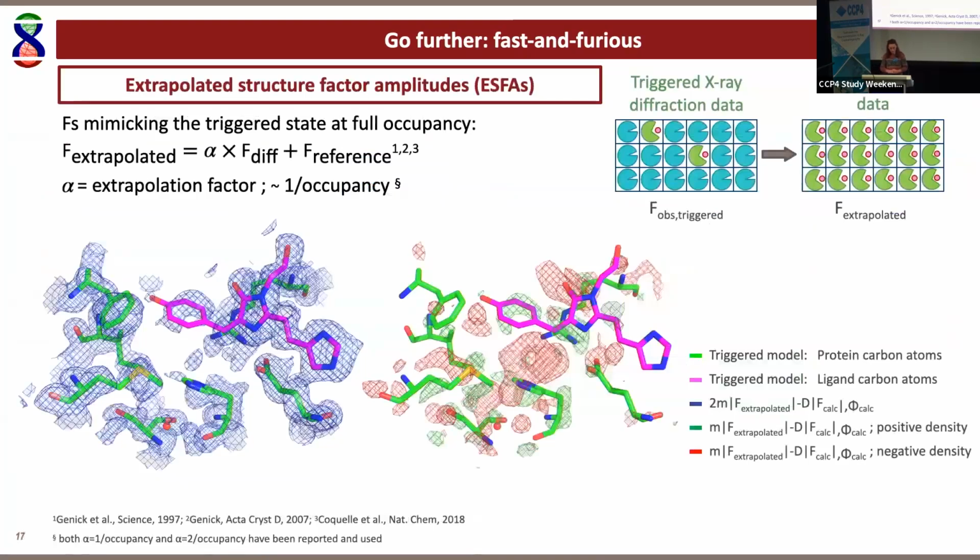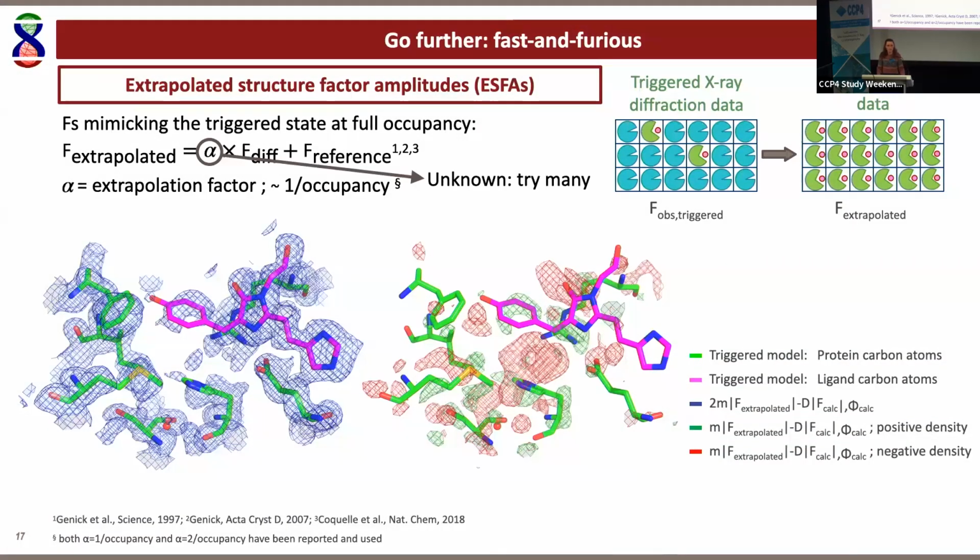So recall that for the calculation of the extrapolated structure factor amplitudes, we used this formula over here, where we multiply our difference structure factor term with this factor alpha, and we add the reference structure factors again. However, we actually don't know this alpha value because we don't know the occupancy of the triggered state in the crystals.